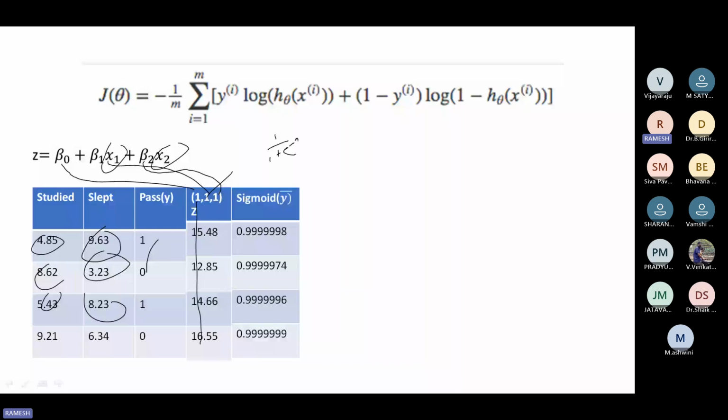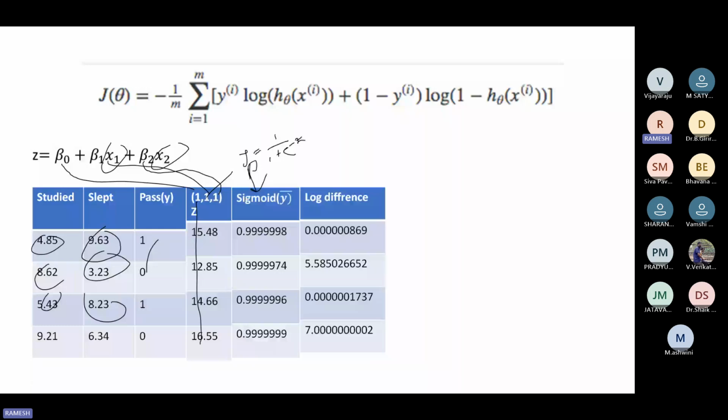So after taking the predicted values, and we already have the actual values, now find the error between actual values and predicted values. For calculating the error, we are using log differences.